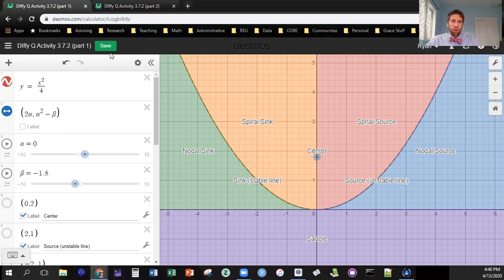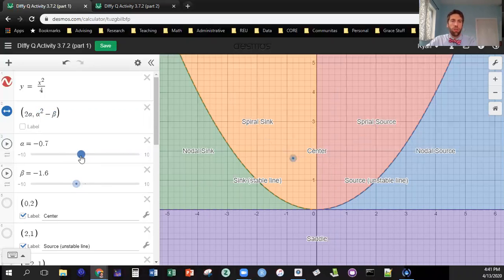I put in the trace is 2 alpha, the determinant is alpha squared minus beta, and we're doing the trace determinant plane, so trace is x, determinant's y. If I move alpha around, it does that. If I move beta around, it does that. So we just got to keep track of everything that's going on.